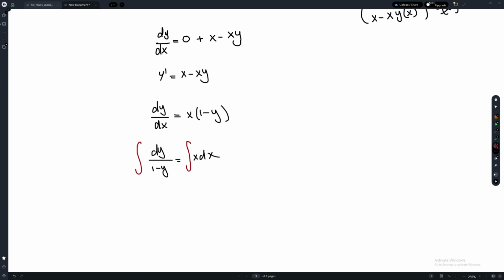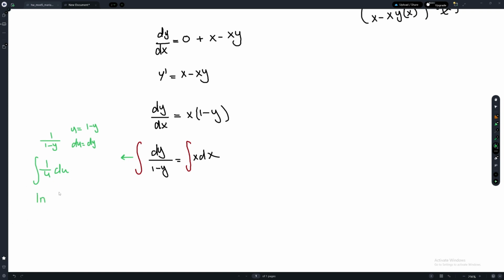Now the integral of the left side, you have 1 over 1 minus y. I can do a u substitution, where u equals 1 minus y. And my du is just my dy. Now, if I sub this in, I'll get the integral of 1 over u du, and when I integrate this, I'll have a ln.